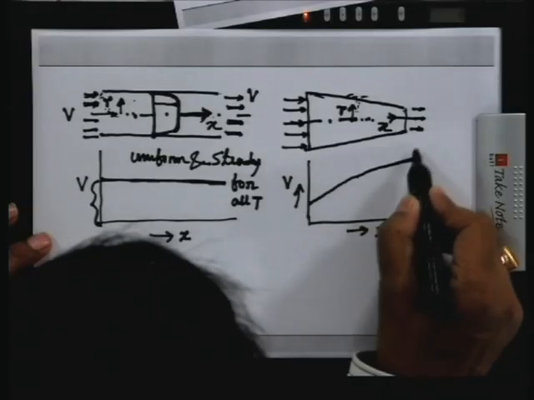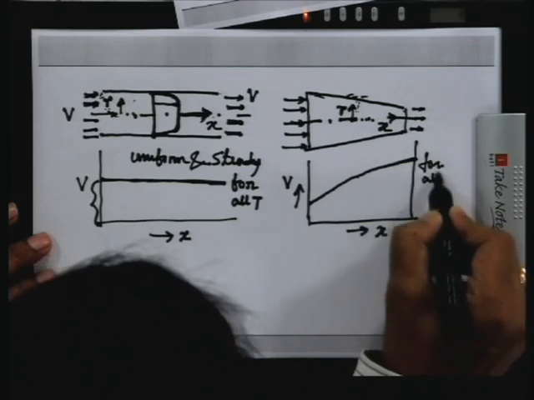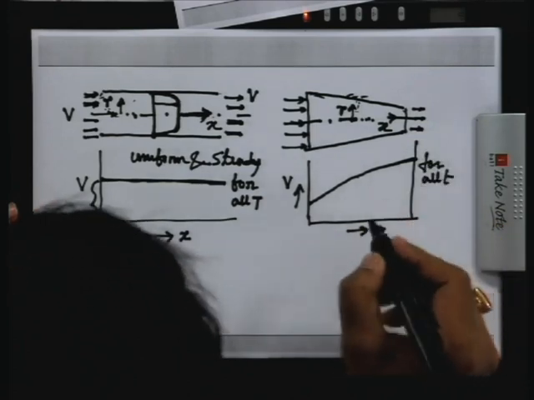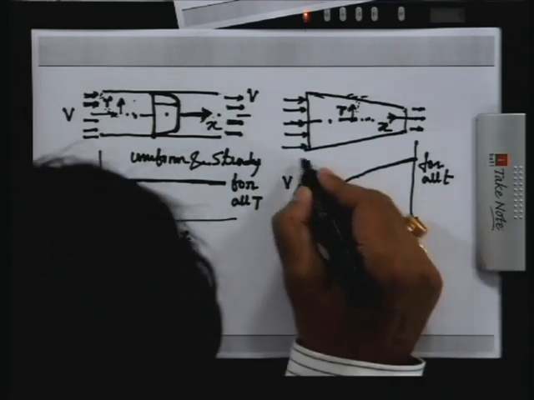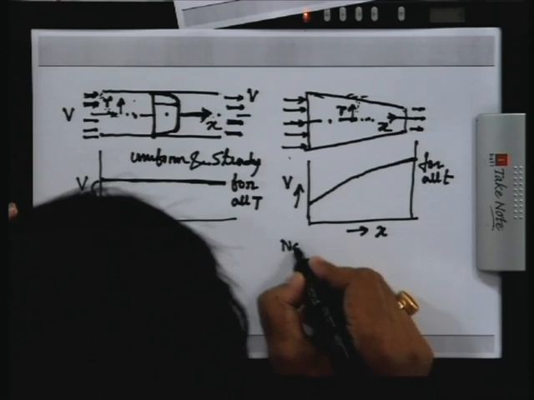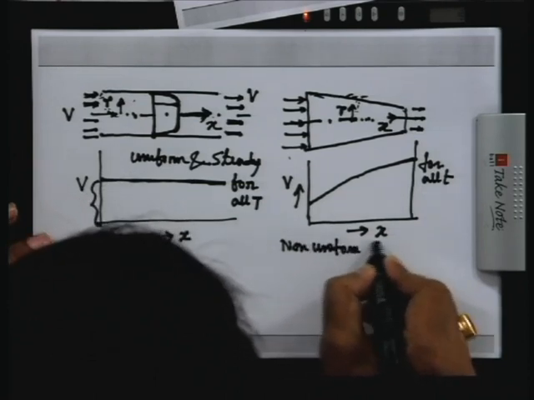That means we have got the same curve for all t. That means it is a non-uniform but steady flow.